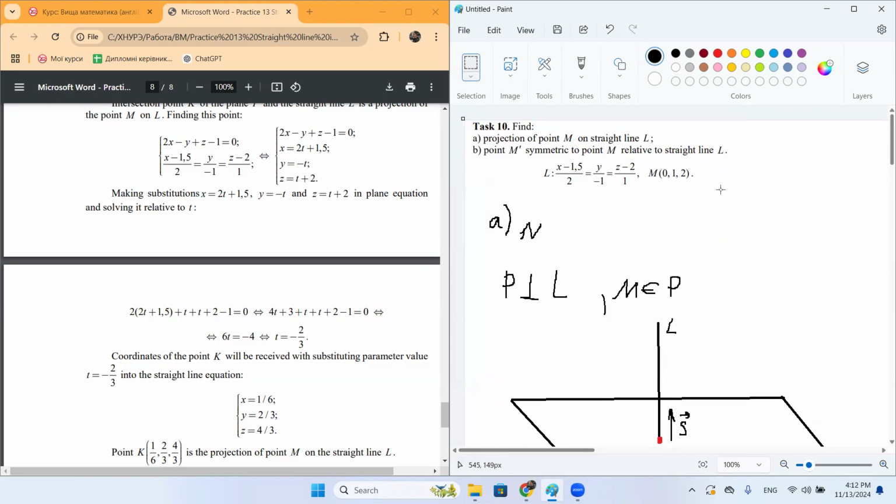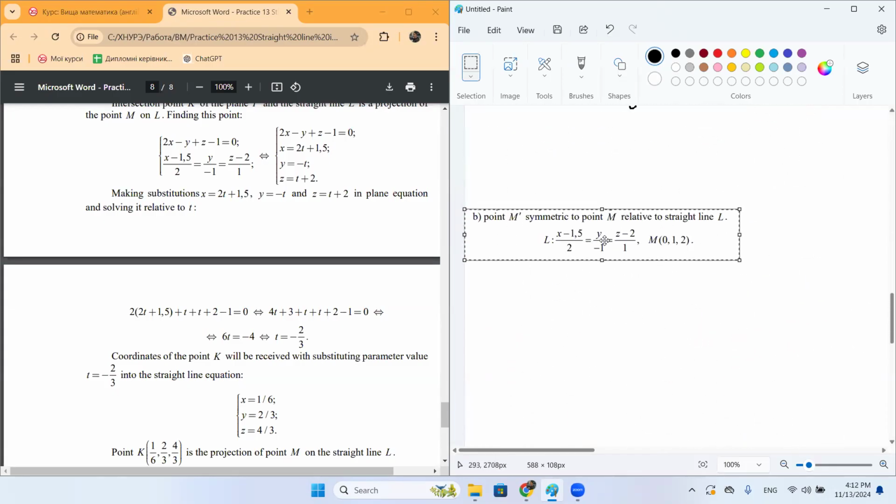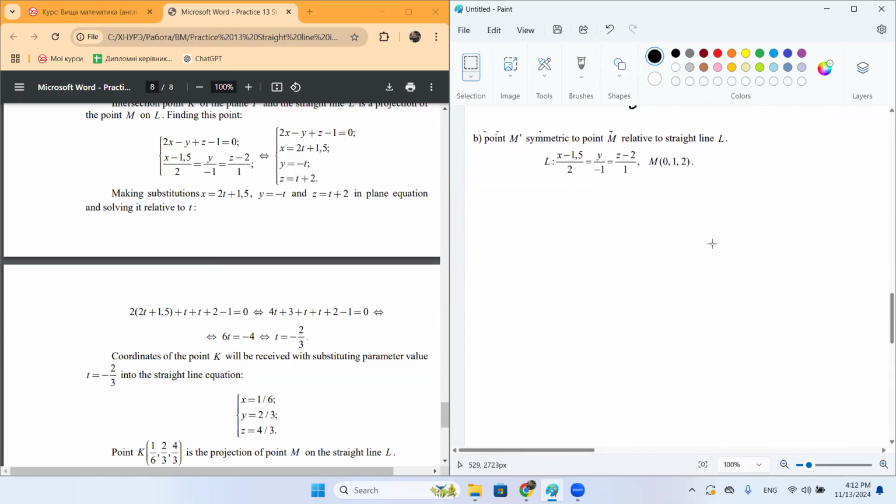And the other section is to find point M prime symmetric to point M relative to the straight line L. Okay, now let me draw it. So how it should look like.